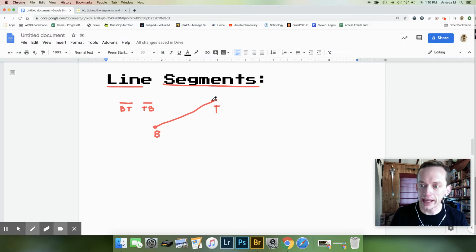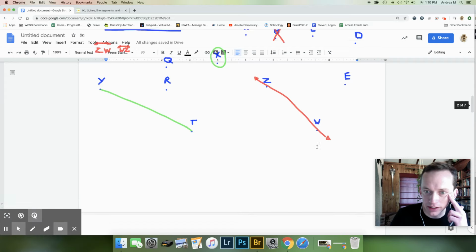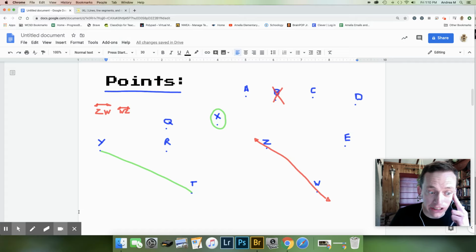Starts, ends. Starts over here, ends here. Either way, that's it. That is completely it. So if I go back up to my points, right here, I drew a good example of a line segment when I said to connect point Y and point T. Look, it starts here, ends here. That's it. Beginning, end.